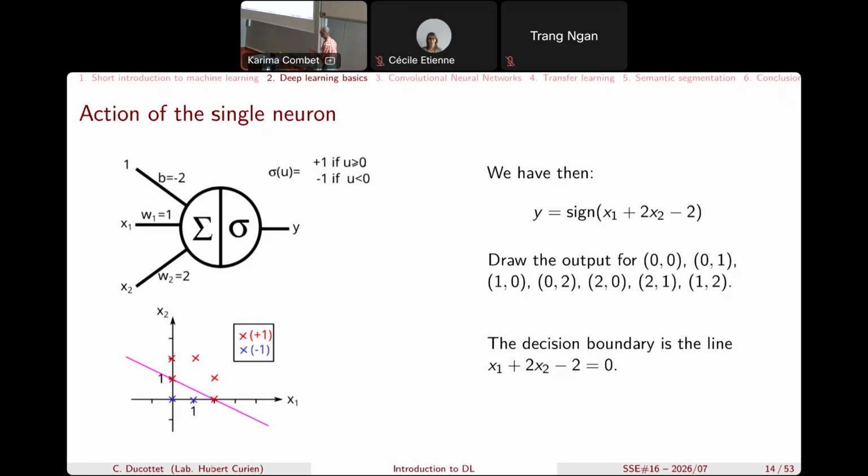So if I take 0, 0, it will be -2 here, and the sign of -2 is -1. So I reported this point in blue, because in blue are negative points, okay? If I take 0, 1, it will take only 2 times x2 - 2, it will be 0.